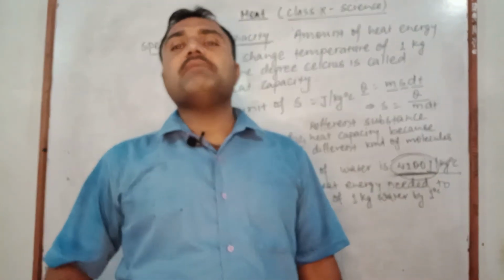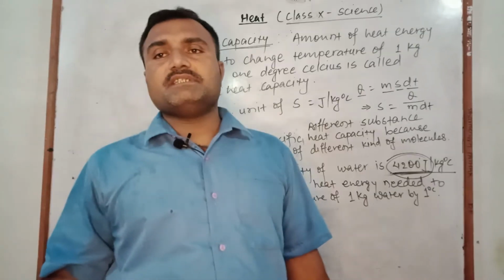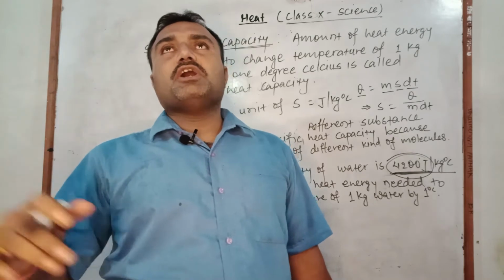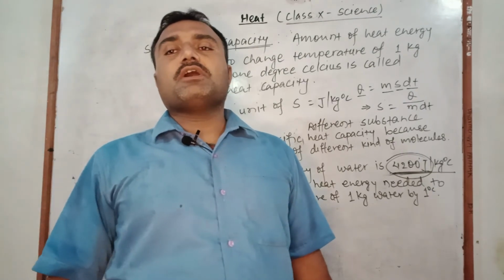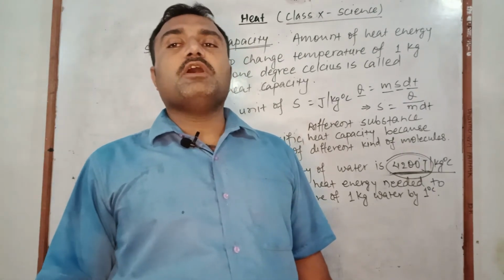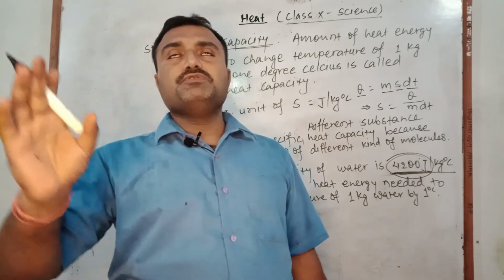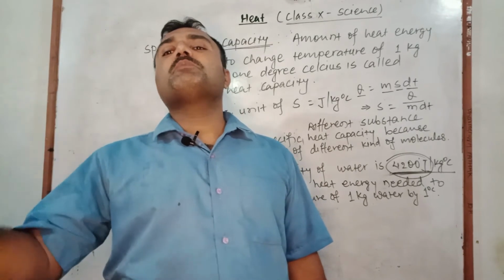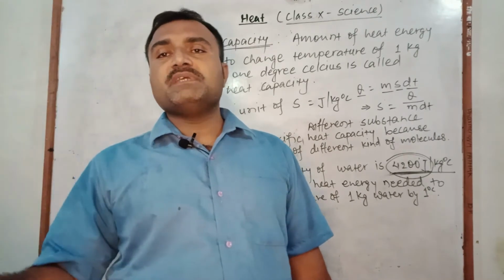Generally, metals have low specific heat capacity, and the increase or decrease in temperature of a substance due to absorption of heat energy is inversely proportional to specific heat capacity.